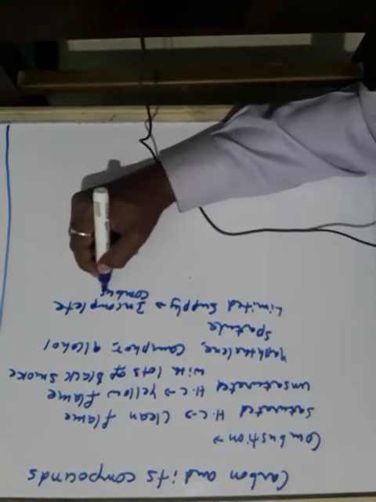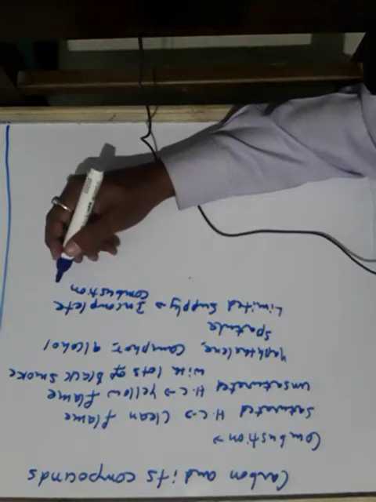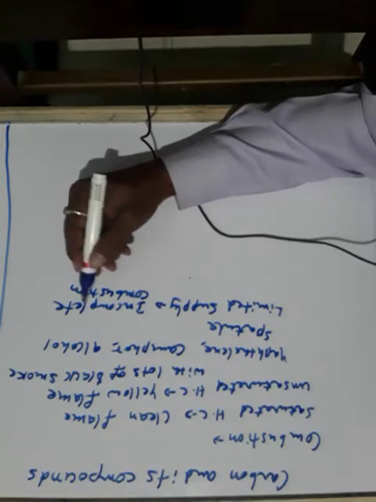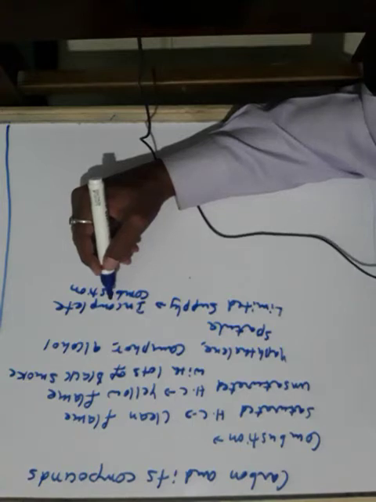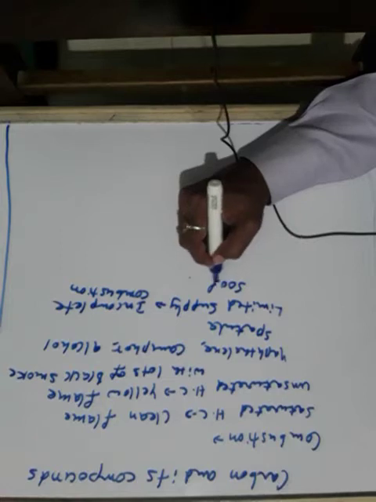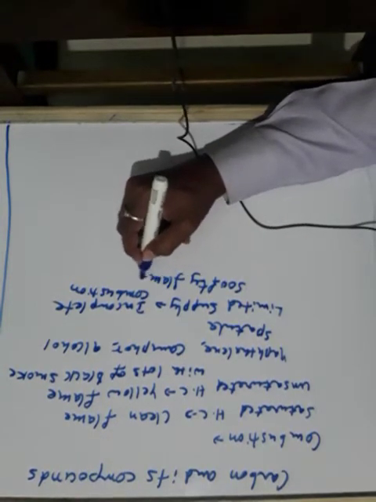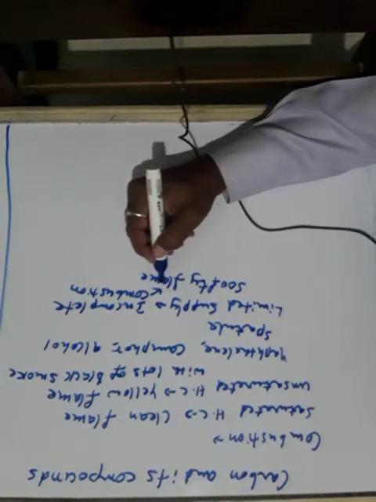Incomplete combustion of hydrocarbons or carbon compounds, even saturated compounds, leads to the formation of a sooty flame. Soot is black powder-like. So the gas or kerosene stove used at home has inlets for air so that a sufficient oxygen-rich mixture is burnt to give a clean flame.